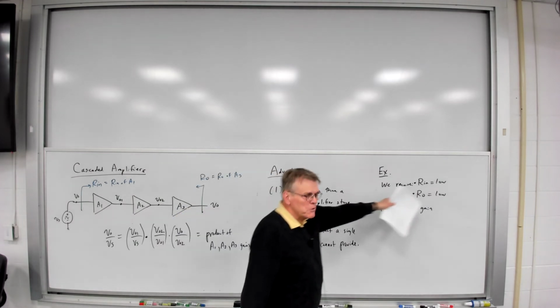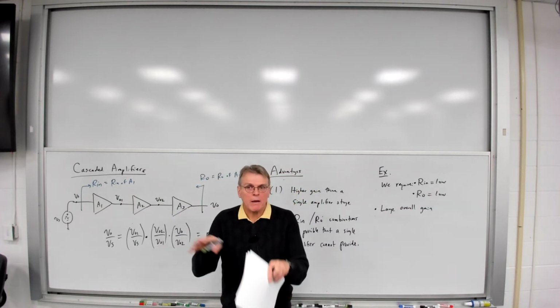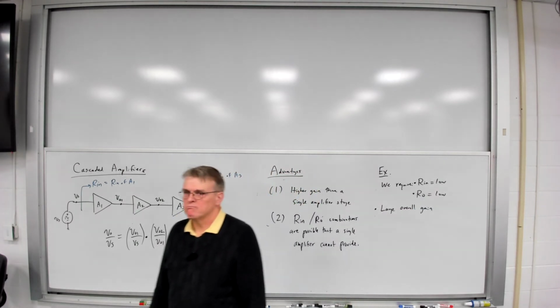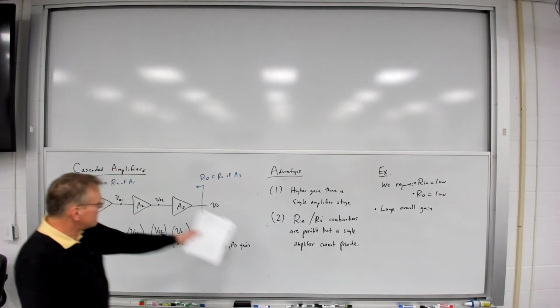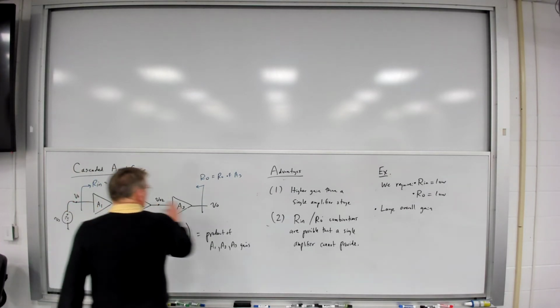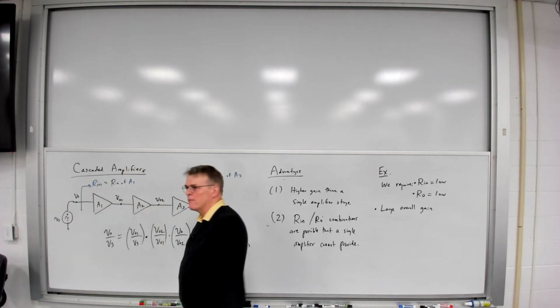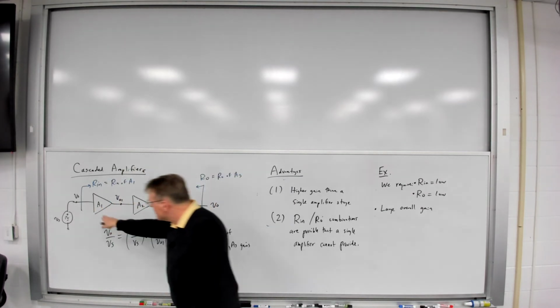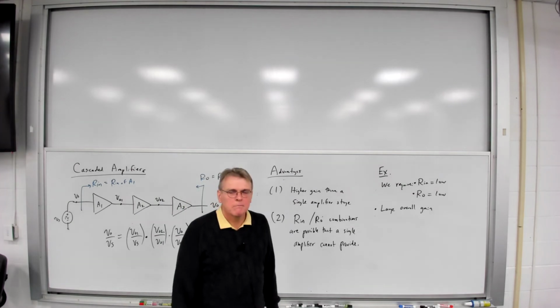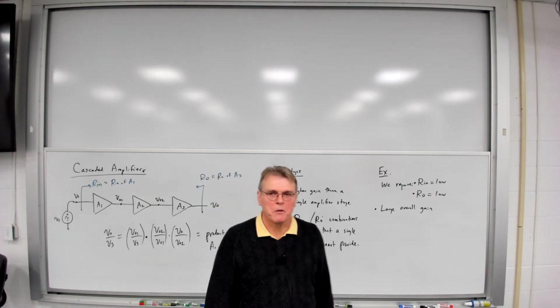Is there any single stage amplifier that gives me both low input and output resistance? No. But what if I did this? What if I needed a low input resistance and a low output resistance out of a chain of 3 amplifiers? What would be a good choice for that first amplifier? Think about it from the MOS point of view.